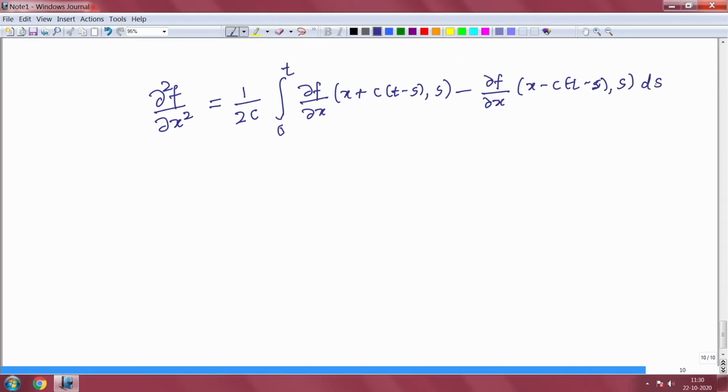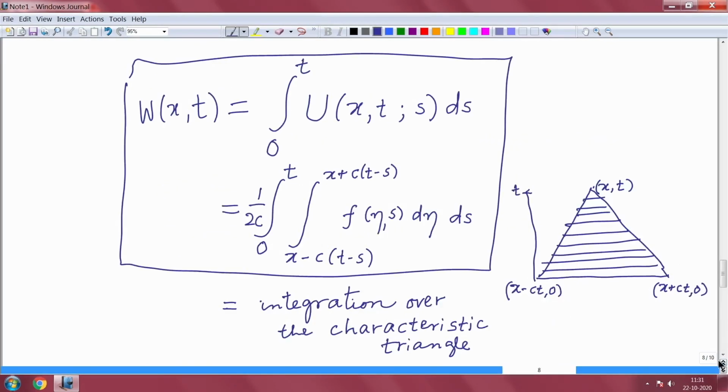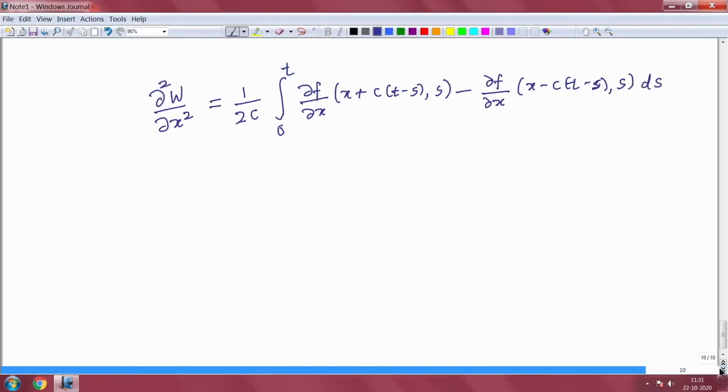So, using this computation, sorry, it is not f, it is w, del square w. So, we have, let me show you that. w t t is f of x, t plus c by 2 this integral, and w x x, the second derivative with respect to x, there is no f t term here.